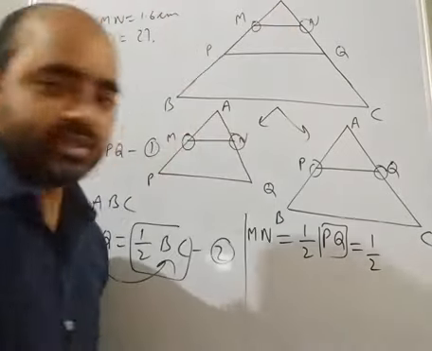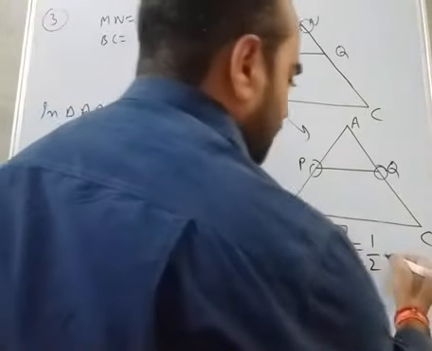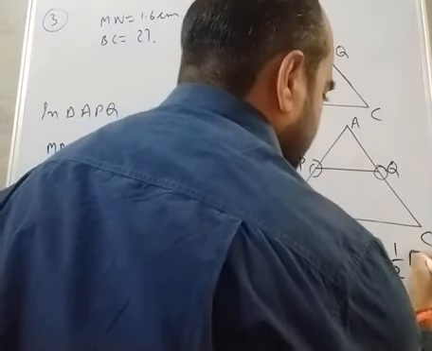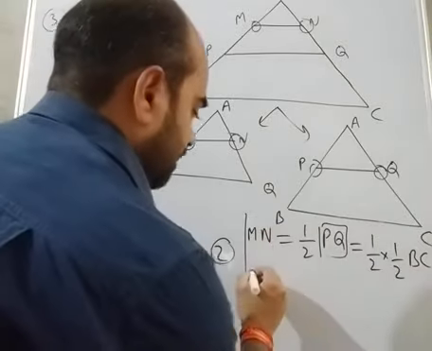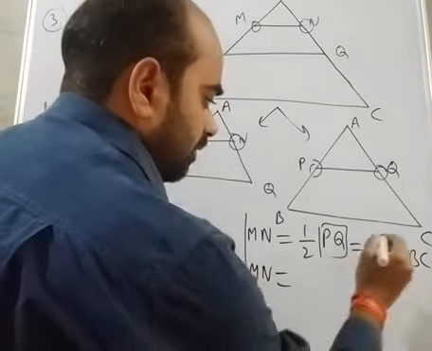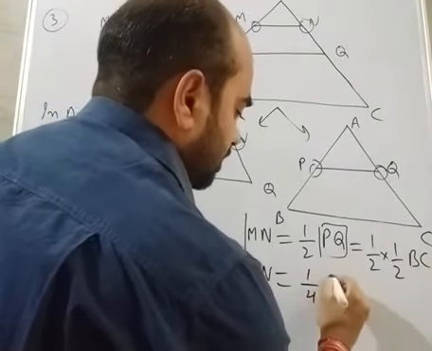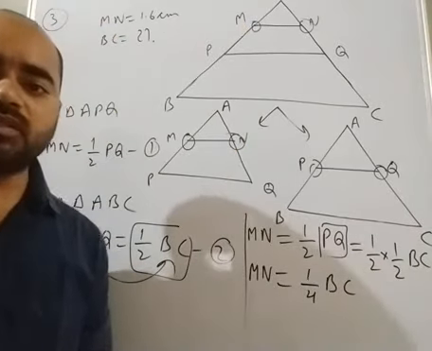Half is already present, and in place of PQ we write again half of BC, correct? It means MN is 1/2 into 1/2. It means 1/4 of BC, correct?